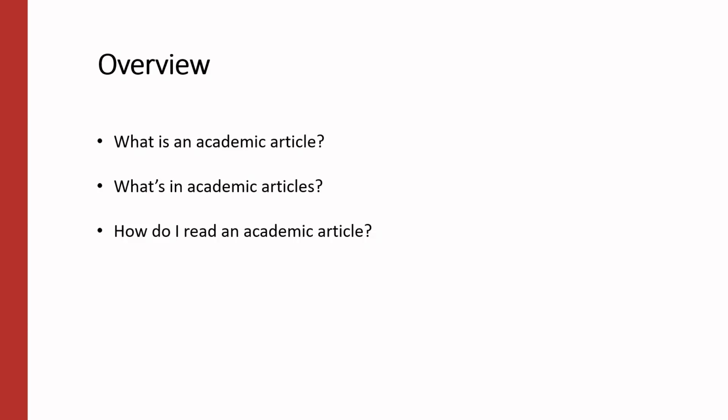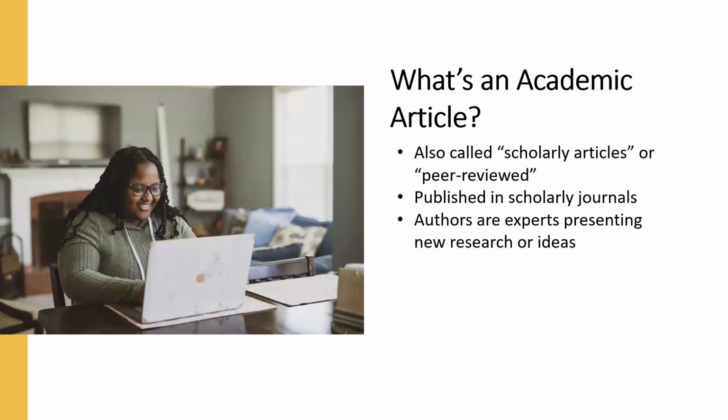Because a lot of times when you're doing research for an assignment or a project that you're working on, you're going to have to sort through a lot. You might get a lot of results on the topic that you want, and so knowing how to look at an article and quickly evaluate whether this is something you want to keep or whether you want to keep looking is really important. So it's a way to look at these efficiently.